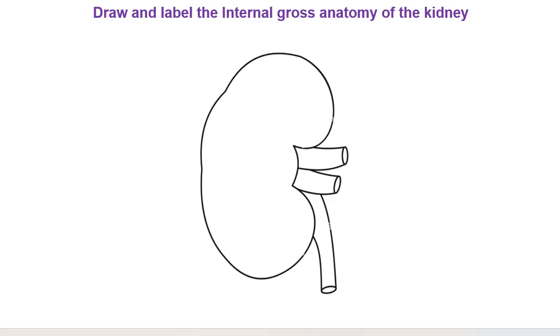Okay, let's start with the outer region. Do it with me. So the outer region is called what? Renal cortex, right? Okay, so I'm going to separate this part and name it renal cortex. And then the medulla, which is going to be this inner portion.